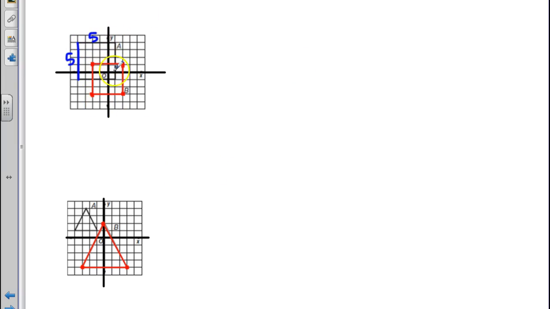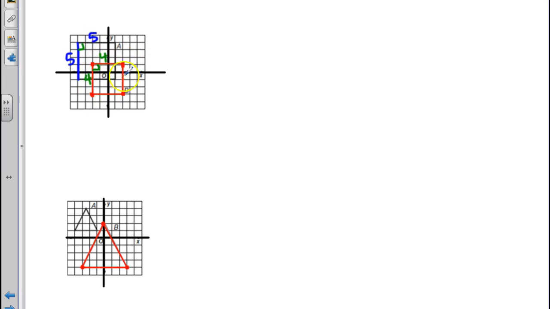If this is a square, we're in good shape. 1, 2, 3, 4. 1, 2, 3, 4. So I have a square that's 5 by 5, and I have a square that's 4 by 4. We can find the slopes to look at the angles. This slope is 0, this slope is undefined, which makes this a right angle.